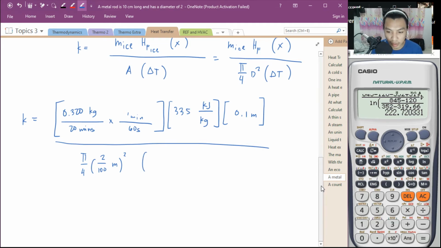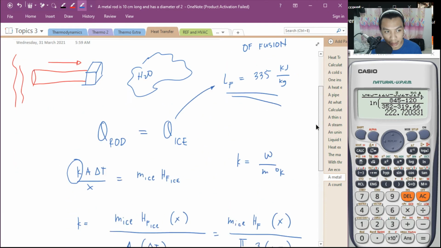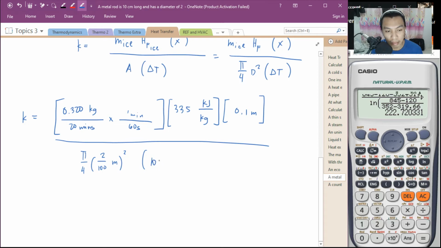Tapos from 0 kasi ice, tapos 100 degrees na minus 0 degrees Celsius. We cancel all the same units. Okay? Kilojoule, minute, okay? Kilogram. That is watt. Okay? Pwede natin isolve.